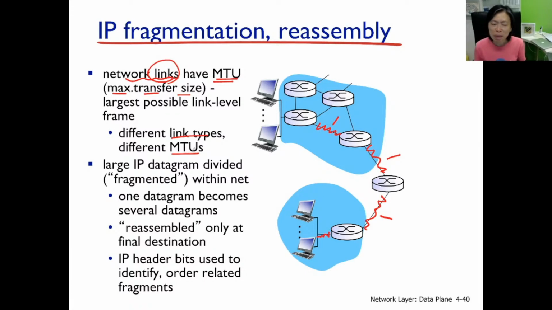Now, some of you might be thinking, wait, didn't we do something like this in the transport layer? We take messages from the application layer, break the message into smaller parts, add the transport layer header, form a segment, and pass it down to the network layer. At the network layer, what do we do? We break the segment into multiple parts, add the IP header, and then pass it down to the link.